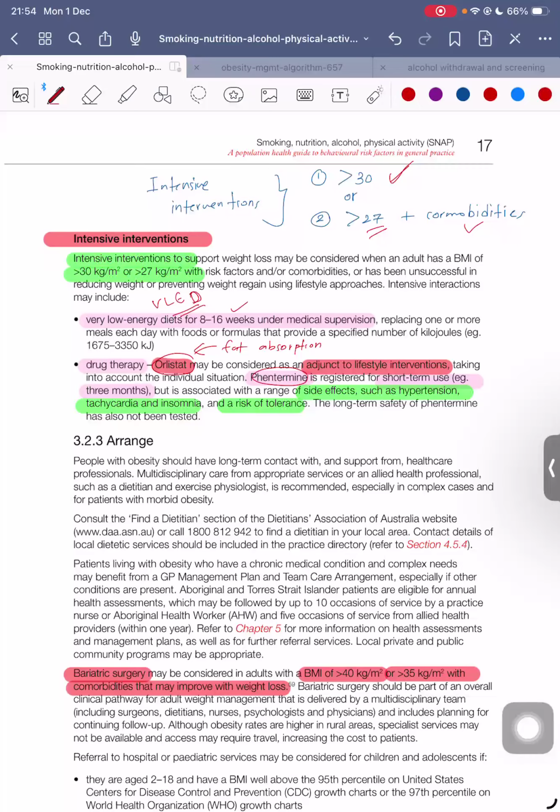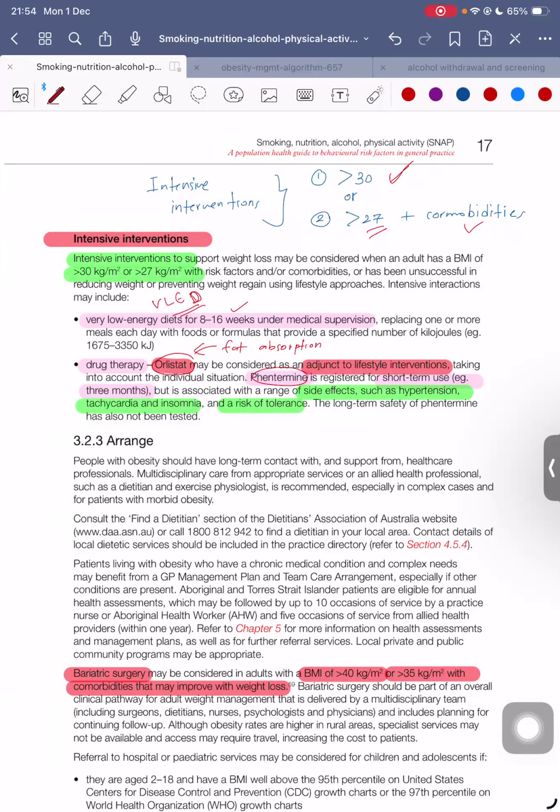Remember we call this diet VLED, for 8 to 16 weeks under medical supervision. And if it is not enough, we have to consider drug therapy.